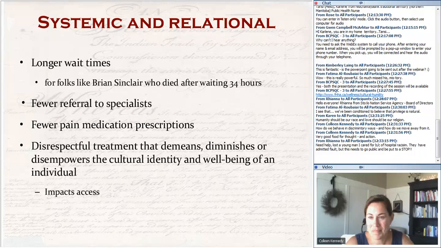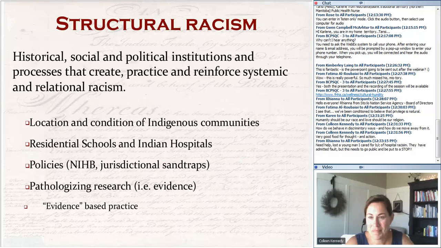So the next slide, we're going to go back to this notion of structural racism a little bit. As I already mentioned, this can be historical, social, political institutions and processes that create or practice or reinforce systemic and relational racism. So some of the examples here, and these are just some examples, include the location and the conditions of Indigenous communities. And so again, remember this is structural, right?